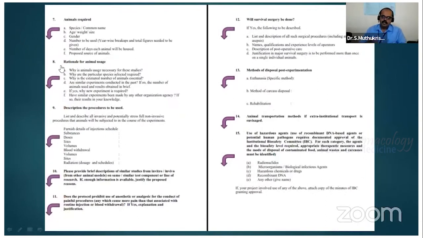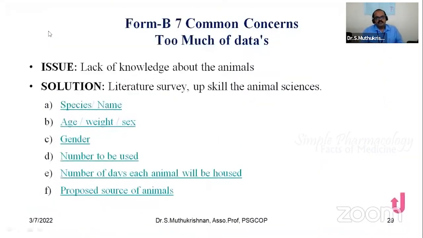Next we can go for the animal requirements. In part 7, you are going to give almost all the details, a lot of data about the animals: which kind of species, common name, age, weight, sex, gender, number of animals, all those things.